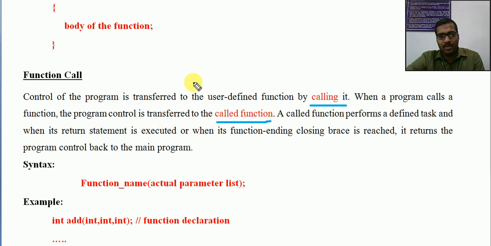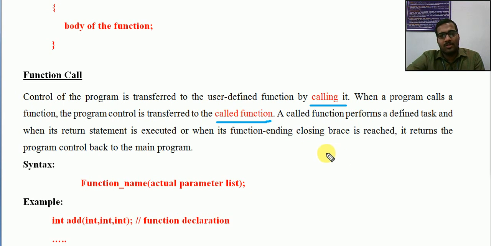Called function is which function? For example, the function is sum. It will go to the body of sum. So that sum is called the called function. Called means whom I have called. I have called sum, so the control will go to it. Just remember that.